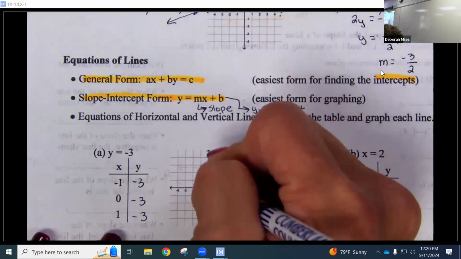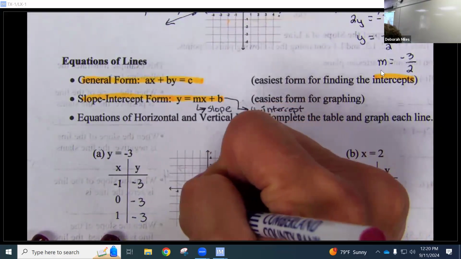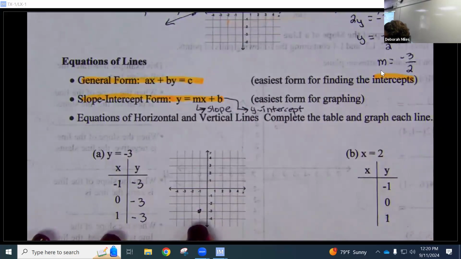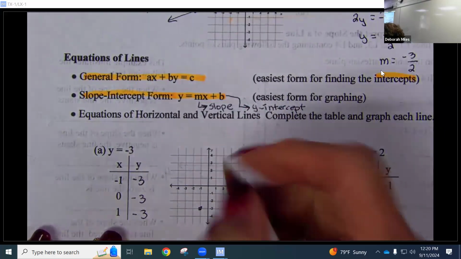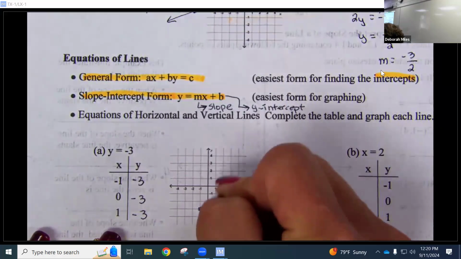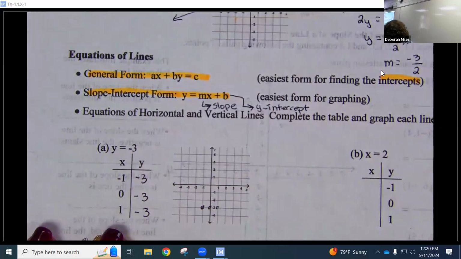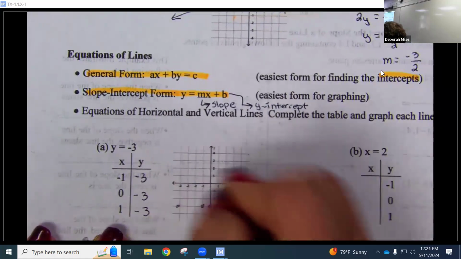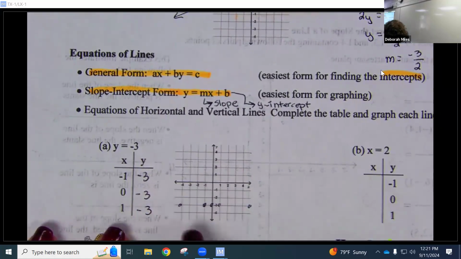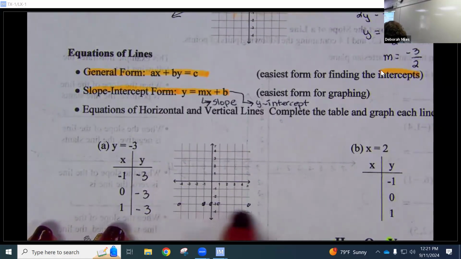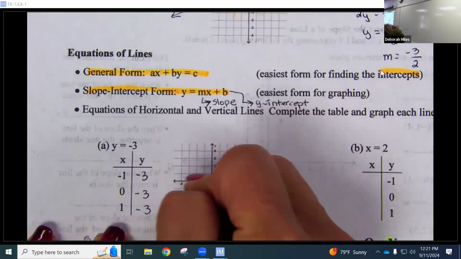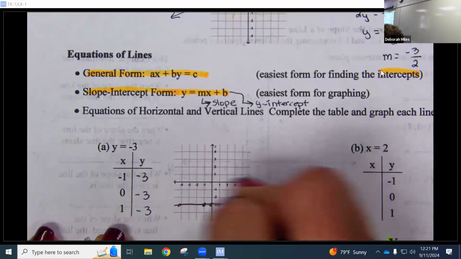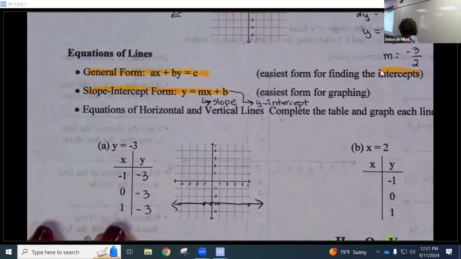That's the height of the graph not changing whether x was -1 or 0 or 1, or way over here x is 5 or way over here x is -5. They all correspond to the y value -3. And that's why it's a horizontal line.